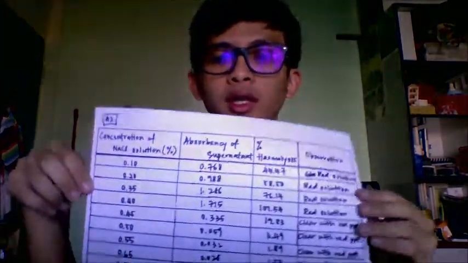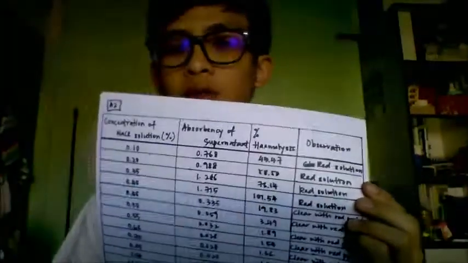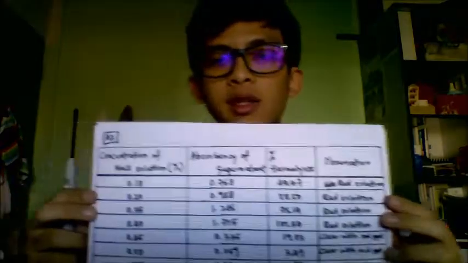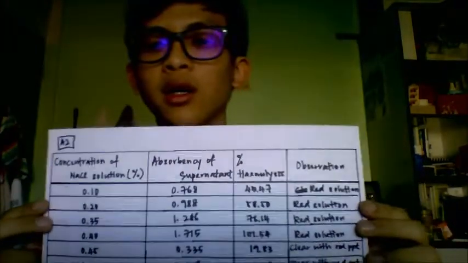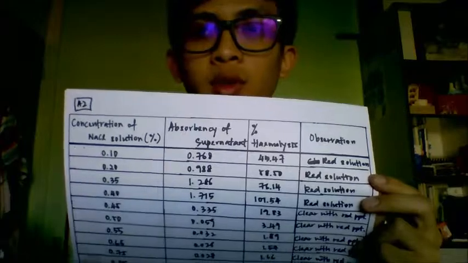For Section A2, this is the result that we got, and Section A2 is to determine the lysis point against the concentration of the sodium chloride solution.